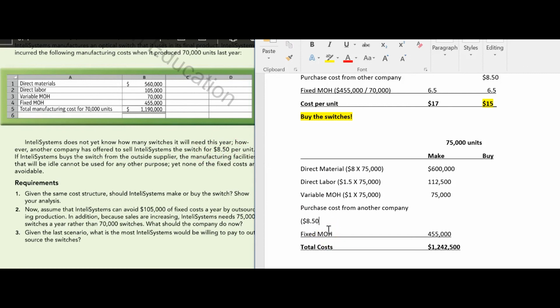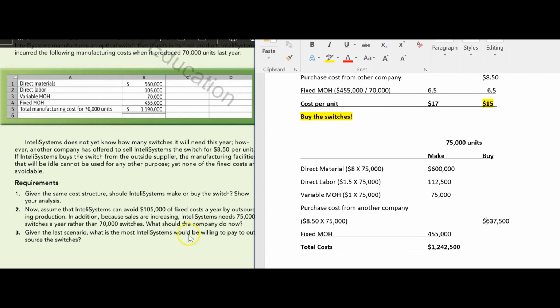And they need 75,000 switches. If you multiply this, 8.5 multiplied by 75,000, I found it's 637,500. So that's the cost they have to pay if they purchase from another company.